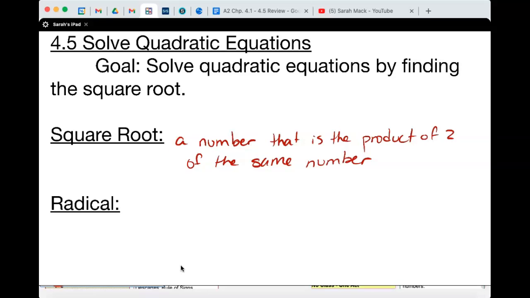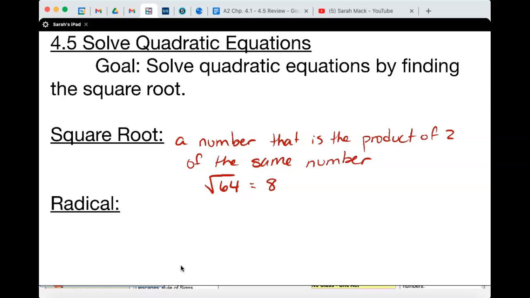So basically, I could have the square root of 64, which is 8 times 8. We've done square roots. They're the opposite of perfect squares. We've been working on perfect squares, so nothing crazy there.